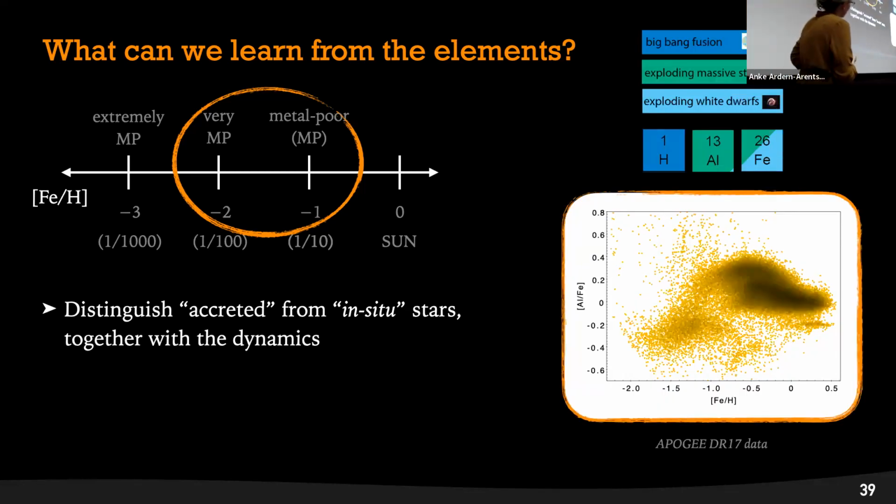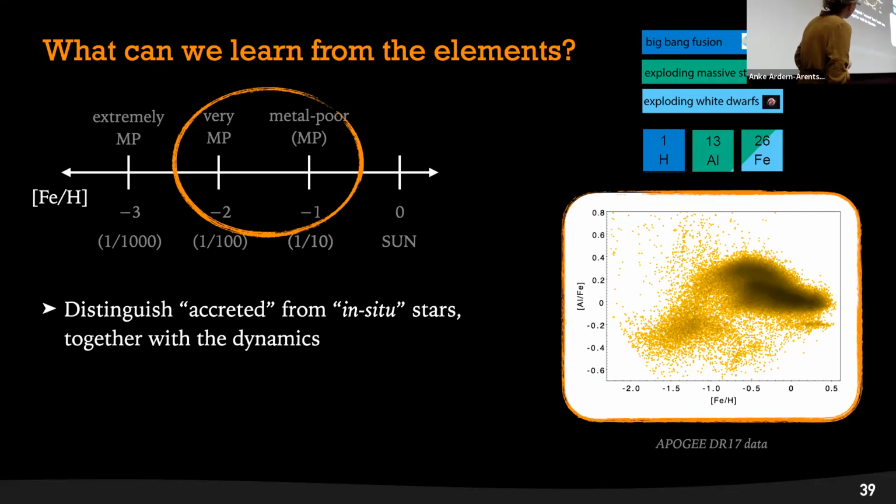It doesn't matter too much if you don't grasp the details on this. This is just a sample of stars as a function of metallicity, and one of these elemental ratios. This is aluminum. Aluminium? What do you say in the UK? Aluminium. I'm sorry. That is an element that mostly forms from exploding massive stars, so it forms very quickly.